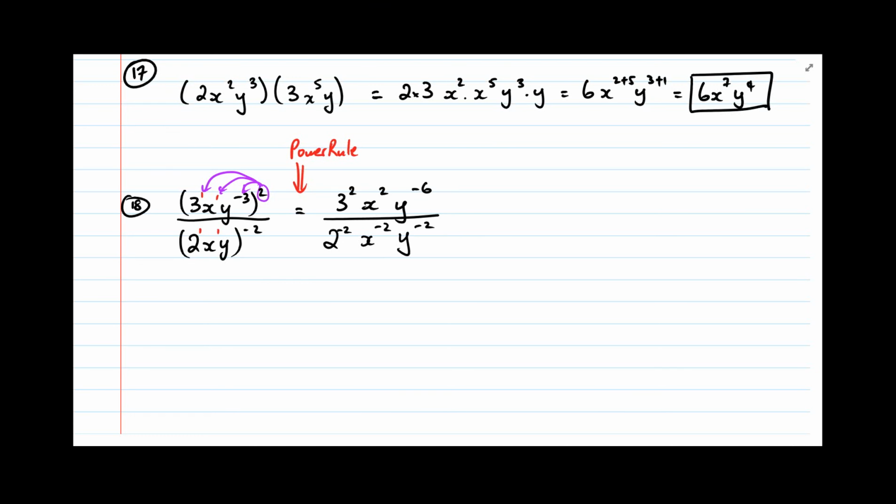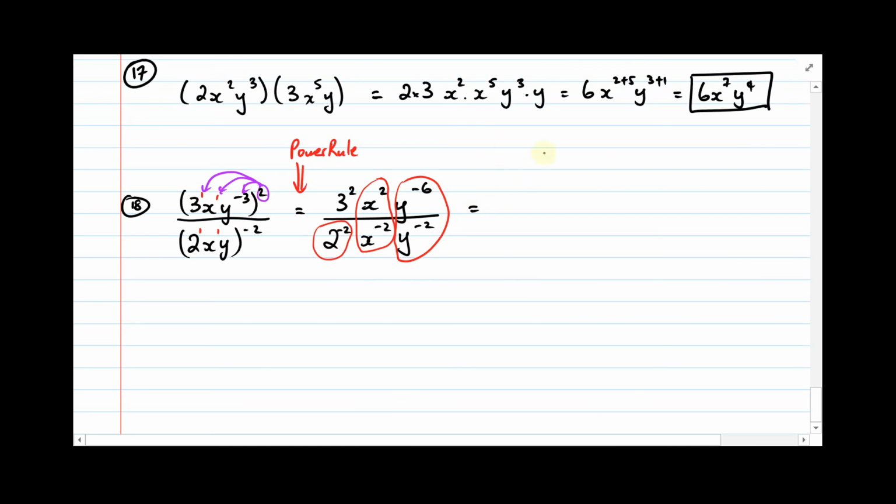We have division also, so we could even combine here all my x's and y's. Have a little problem here, so I'm also going to move that, because we don't typically think very well with negative exponents. If you do, all the better for you, but most people don't.